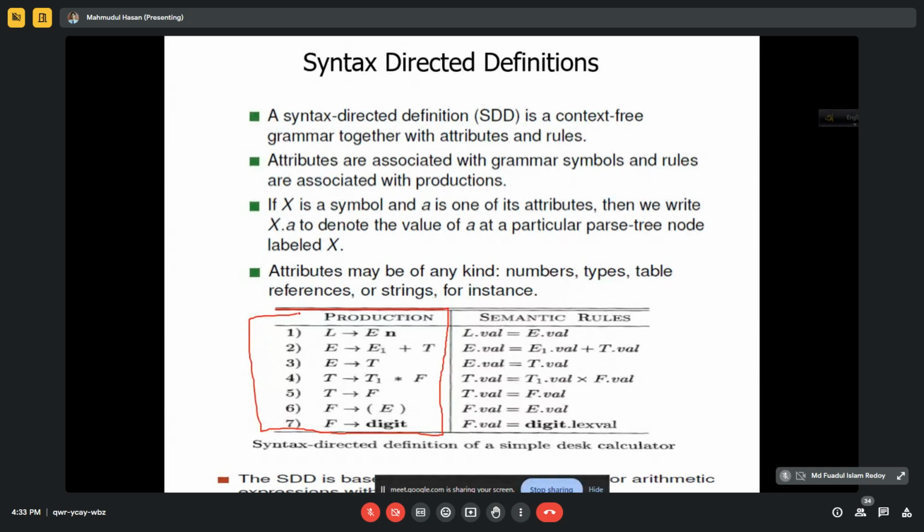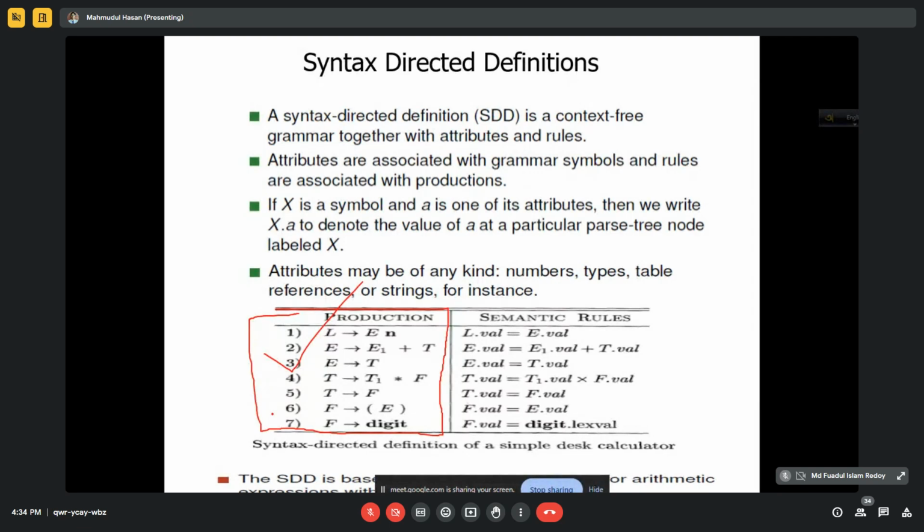And if you think about the parse tree of the last chapter, there is no value related with the terminal or non-terminal symbols in the parse tree. We just use some symbols. No value is there.